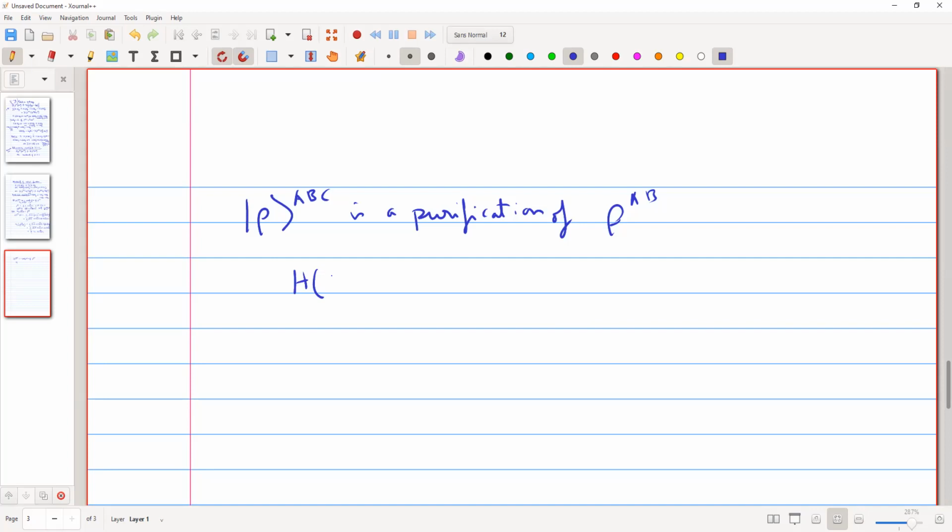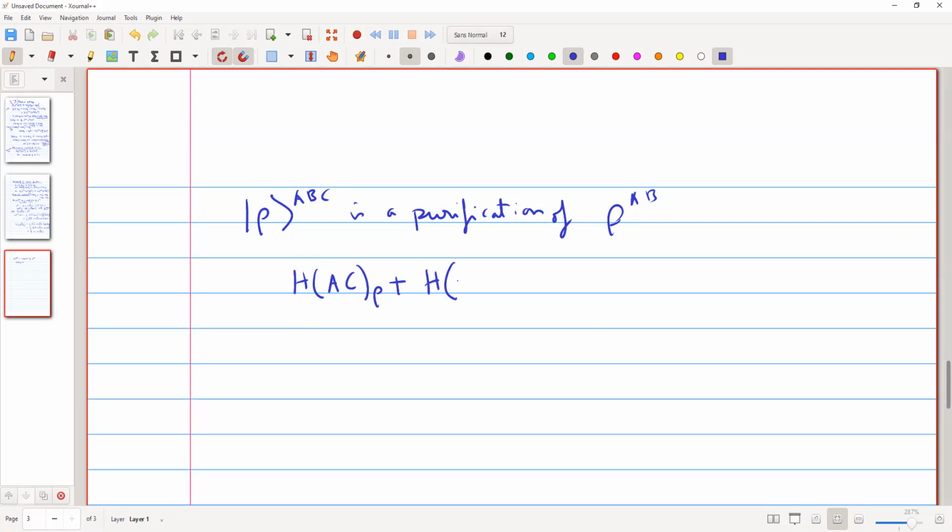Let's see. I'll write the strong subadditivity in this form.